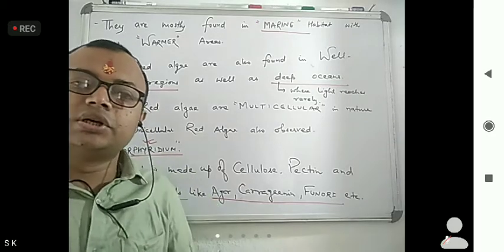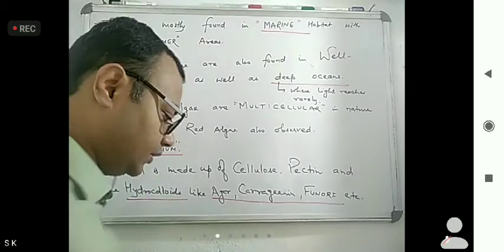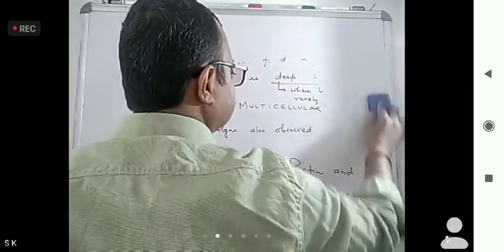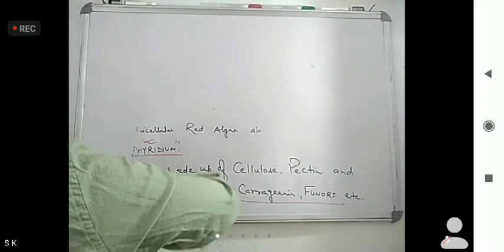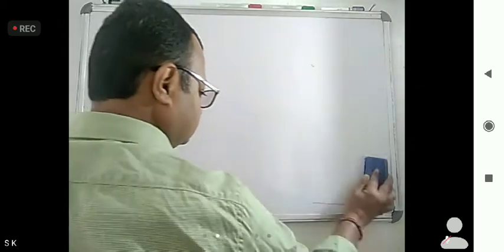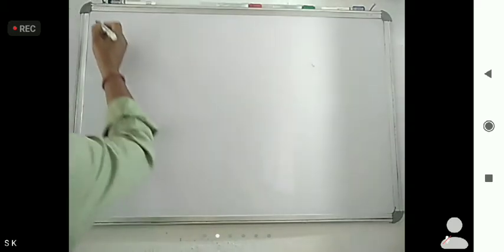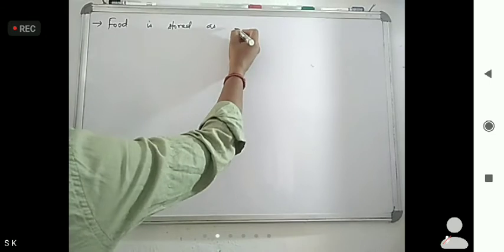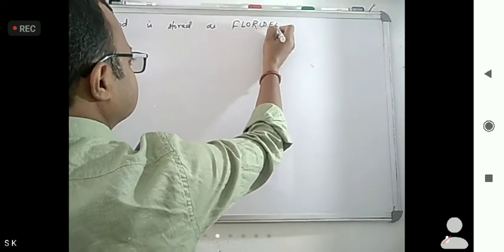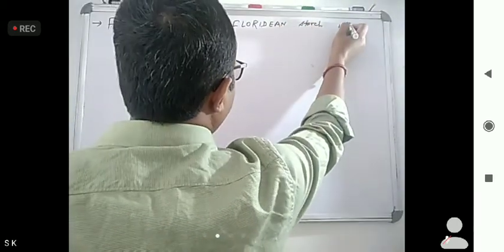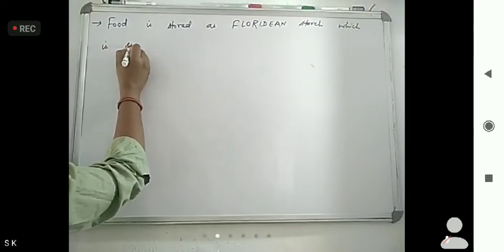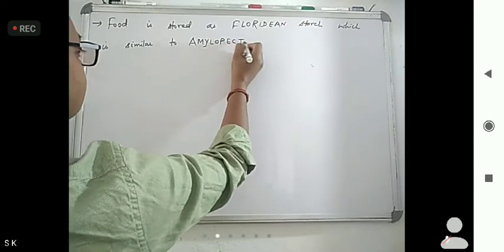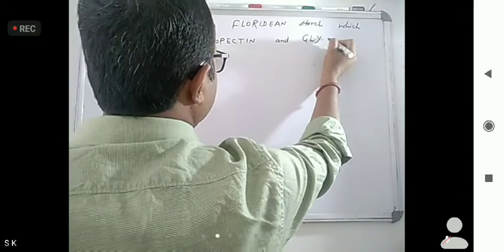What do we mean by floridean starch? It is similar to amylopectin and glycogen. This is a complex carbohydrate.